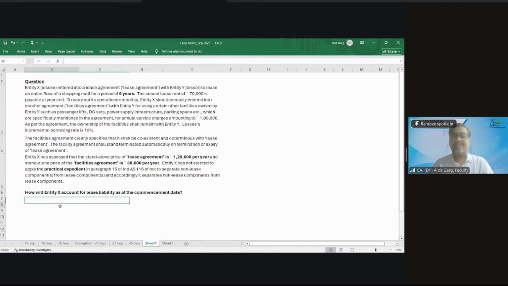How will entity X account for lease liability as at the commencement date? First of all, tell me, this question relates to which portion of the Ind AS 116? Anyone who can help me here?